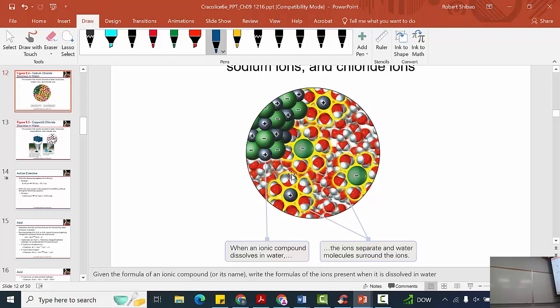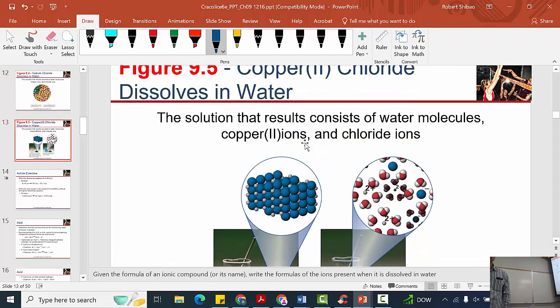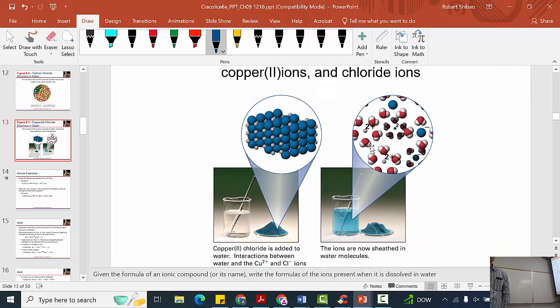They're free, they're mobile, and as soon as they see one another and come into contact, they precipitate. And that's what's happening with the white solid that we saw in the test tube over there. Those are highly favorable. This is not favorable. Yes, sodium chloride, yeah, this is a stable compound, but same thing here. The only way to get the copper and the chloride to come back together is to get rid of the water.